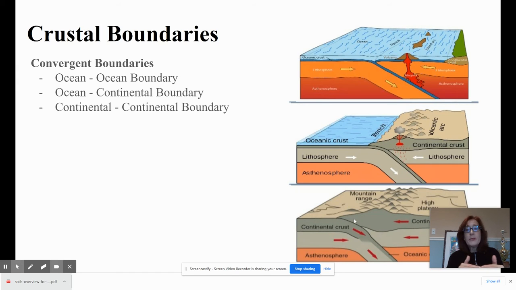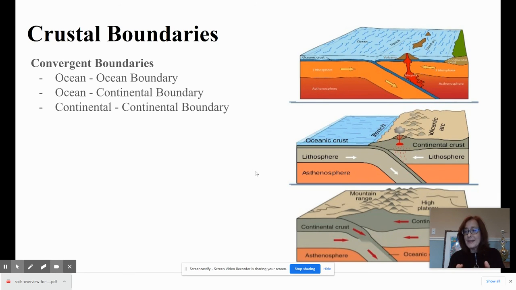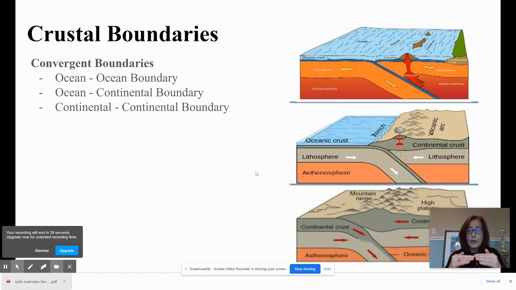The ocean to continental boundary is going to create that subduction I was talking about, where the oceanic plate will subduct underneath the continental plate, and that will create volcanic arcs or island arcs. The continental to continental boundary is when you have two equally dense plates hitting up against each other, and they will push together and can rise up into mountain ranges.